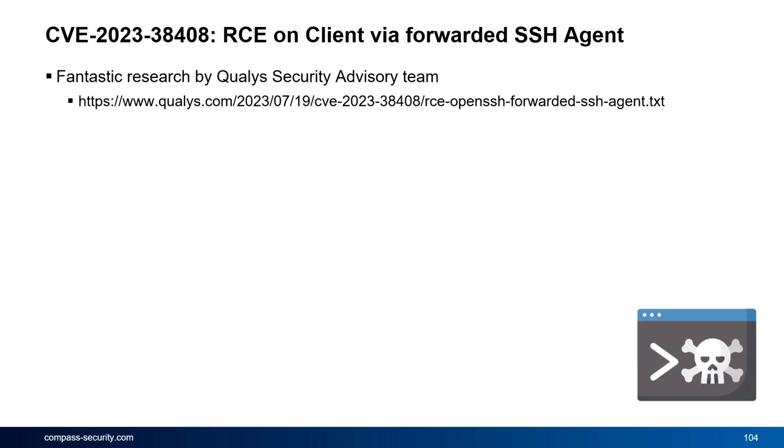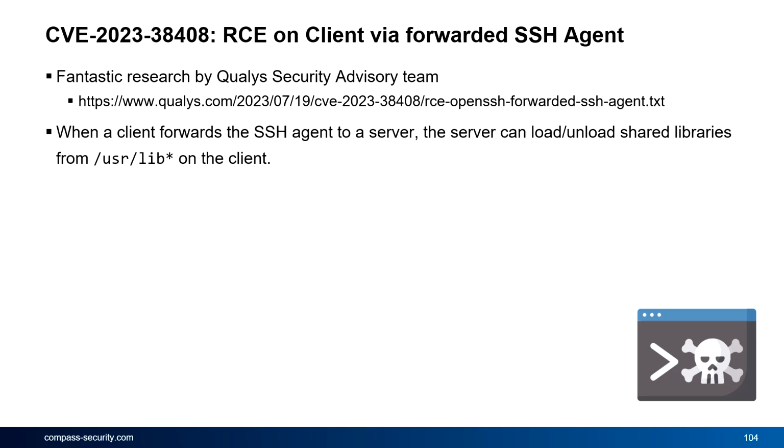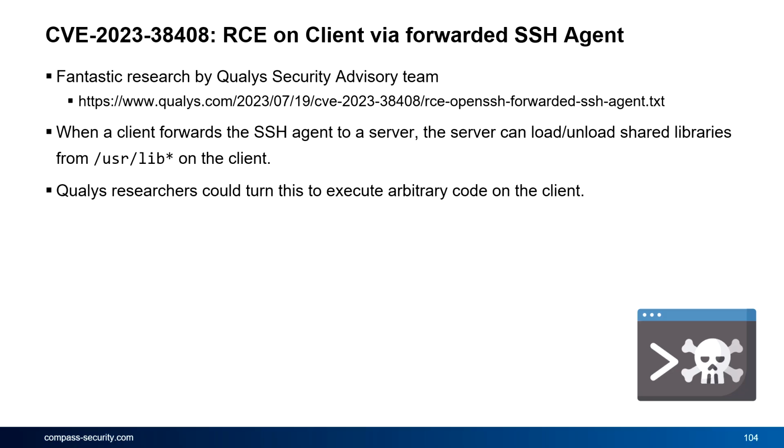In 2023, the Qualys Security Advisory team identified a really interesting vulnerability. They saw that when a client forwards the SSH agent to a server, the server can load or unload shared libraries from the user lib directory on the client. So they can just specify which library that exists on the client should be loaded, and they could turn this behavior into arbitrary code execution on the client.